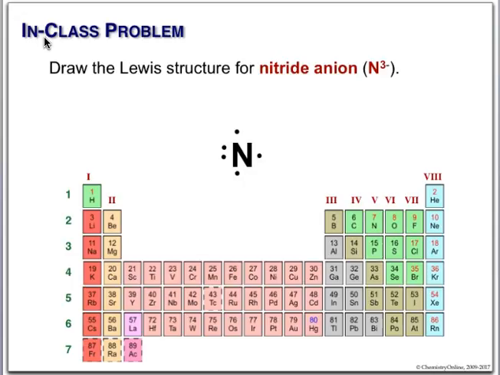To make this a -3, we simply add 3 more electrons. And again, nitrogen now has 8 electrons around it, just like neon does. The whole quest here is for these elements to get over here to column 8.